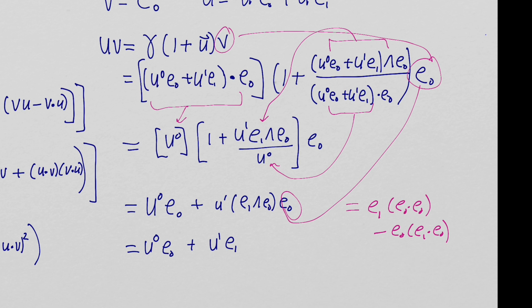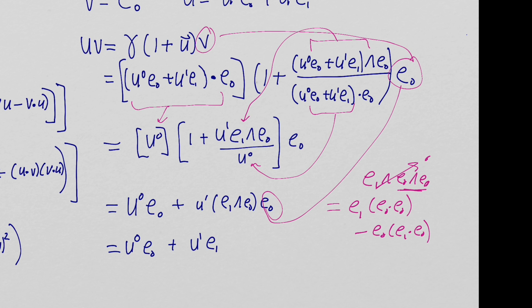The triple part, which would be e1 wedge e0 wedge e0, goes to 0 because you have two e0s there, right? So you only have this vector piece. You don't have a trivector piece. And e1 dot e0, well, that is 0. So all you have left is this. And e0 dot e0 is 1. So you end up with u1, and all of that is just e1. And so this is our answer.